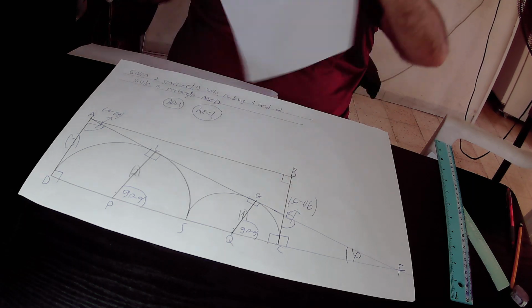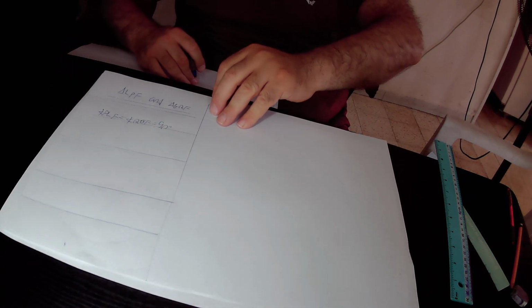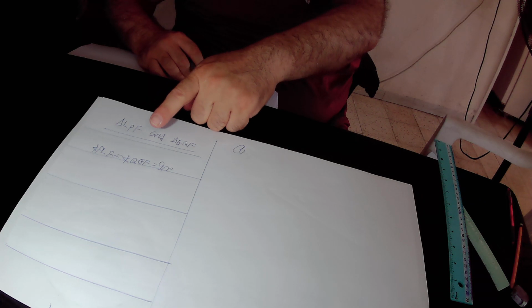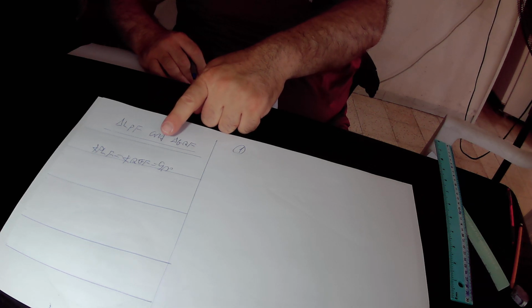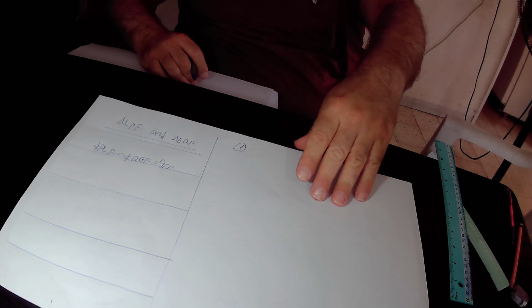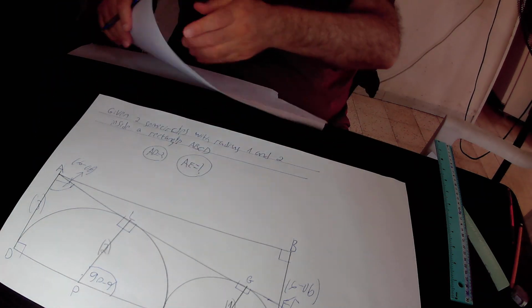Again, angle PLF in the big right triangle PLF equals angle QGF in the small right triangle FGQ. They are both equal to 90 degrees, and therefore they are equal to each other.